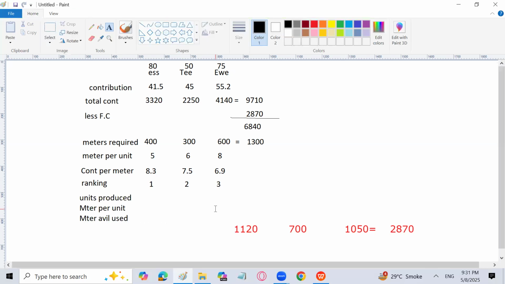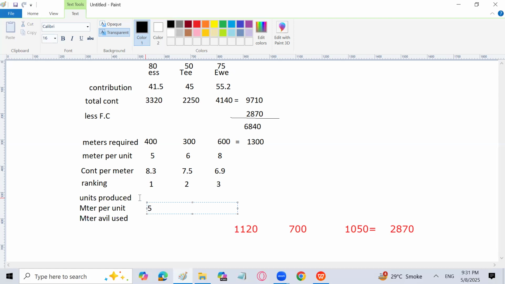First of all, we have to prepare S. So 80 multiplied by the meter per unit, 5. Sorry, 400 meters will be used, and we can produce 80 units of S easily. This consumes 400 meters out of the total of 1000 meters, to produce 80 units of S, which requires 5 meters for each unit.